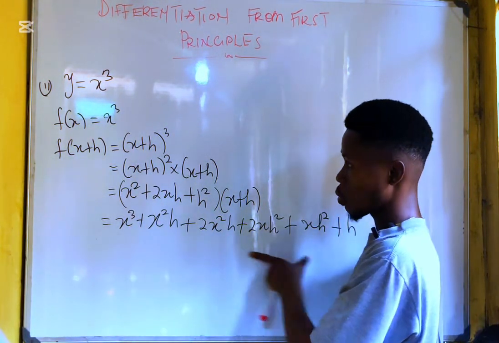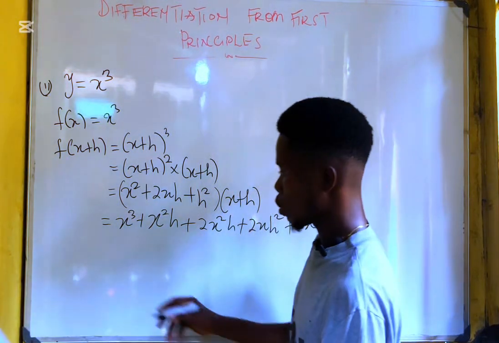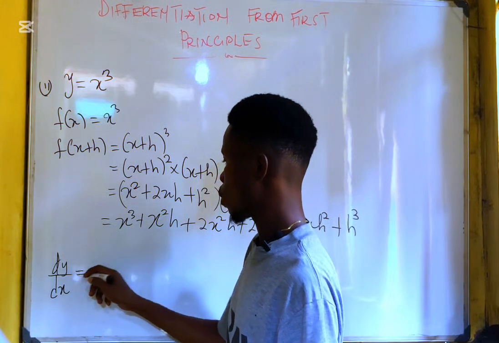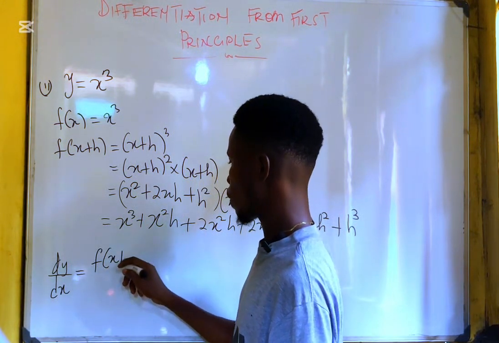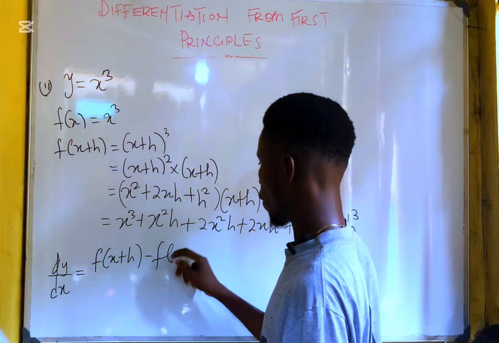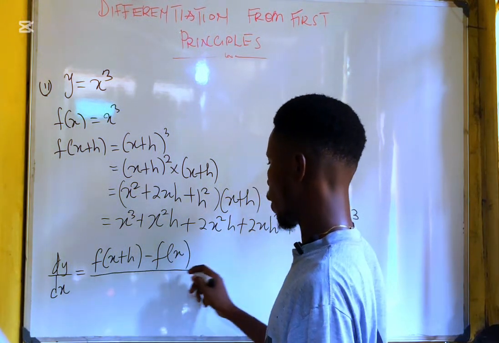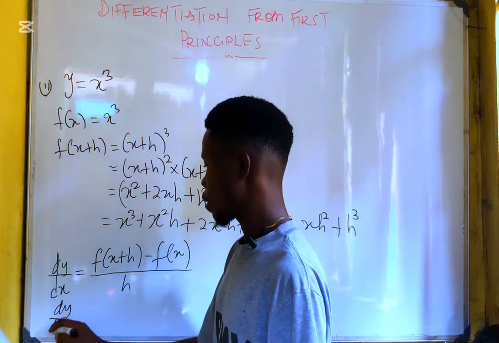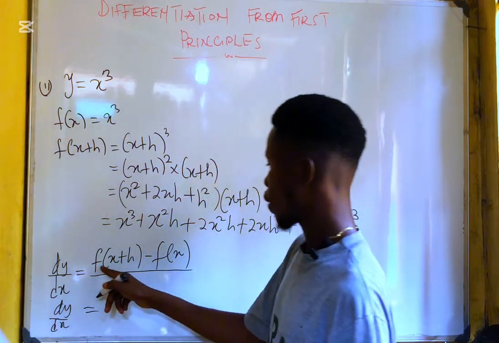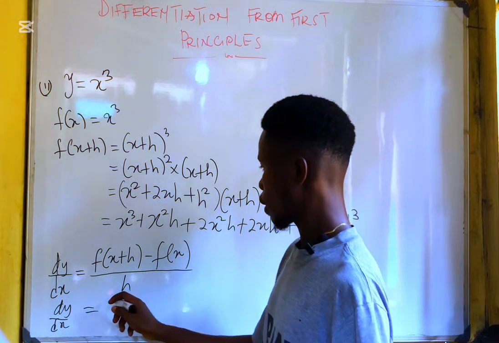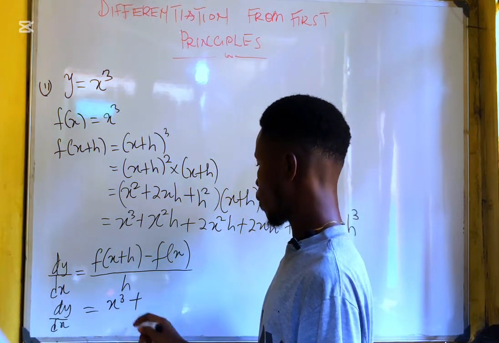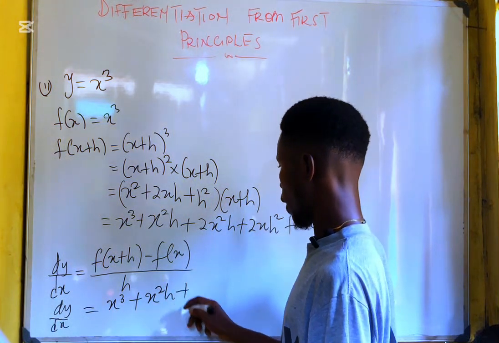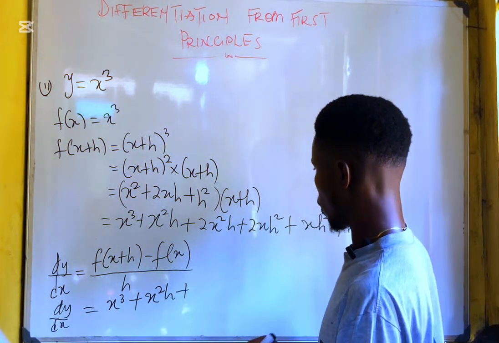So now f at x plus h is the whole of this. So we are now going to put the whole of this into the formula. So you know that our formula is dy/dx equals f at x plus h minus f at x, all divided by what? h. So with this, I can have dy/dx equal to f at x plus h, which is the whole of this. So that is x cubed plus x squared h plus, so let's see something.